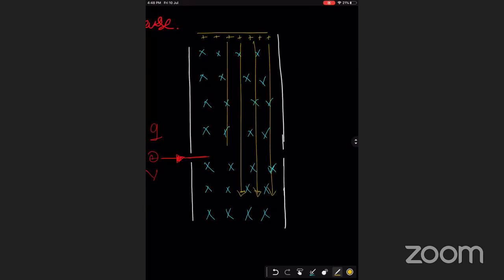This yellow arrow represents the electric field. A force on a positive charge acts along the electric field, right? So the electric force will be downward, and the magnetic force will be upward.